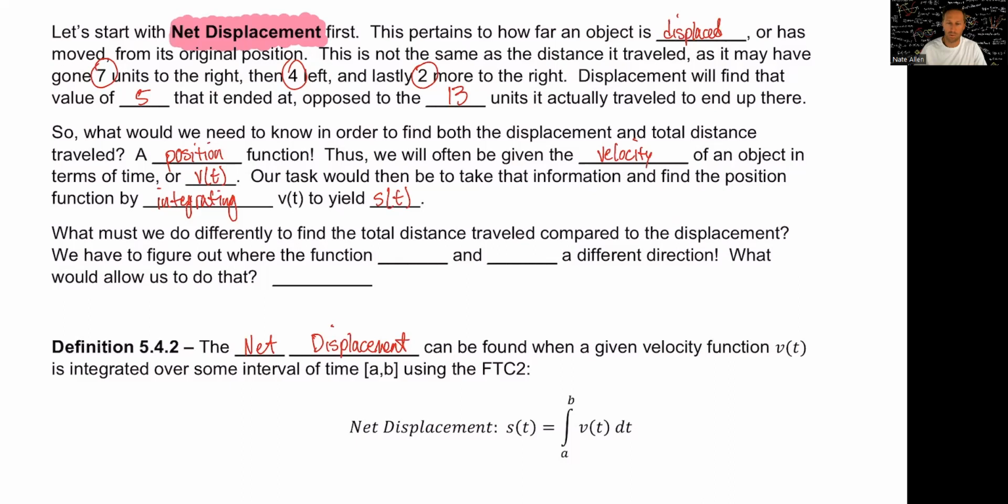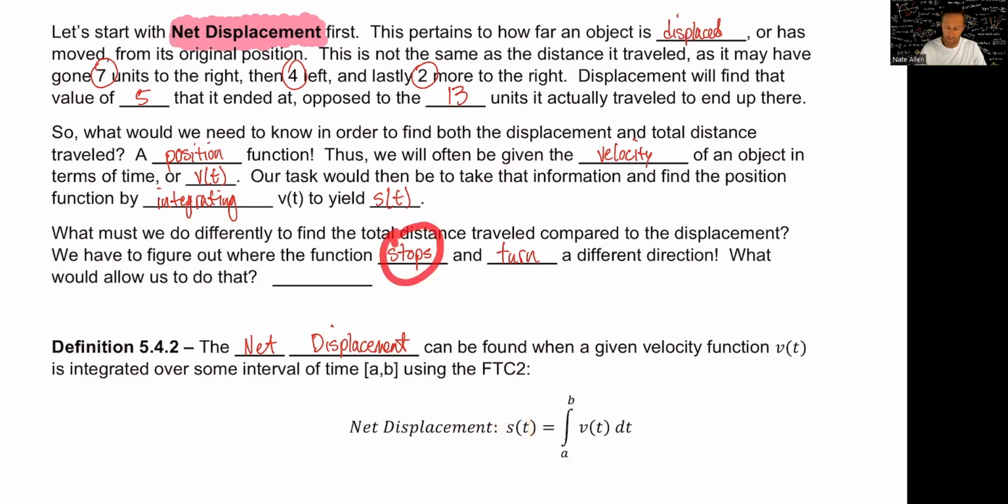Then how would we find the total distance? Well, the difference is that it may stop and turn. And all of that is just going to take our two endpoints, where it started, where it ended, and that will give us our displacement. The difference from our beginning point to our ending point of our position.